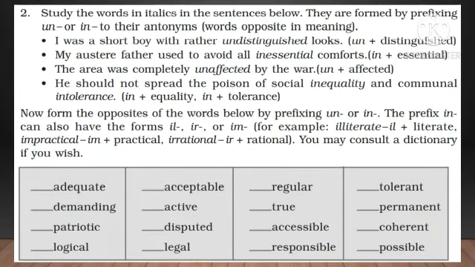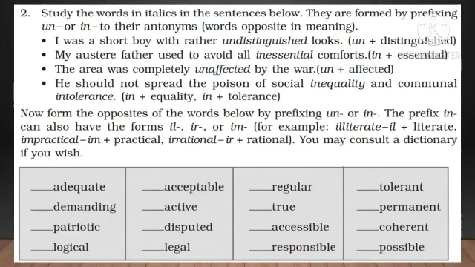Then, my austere father used to avoid all inessential comforts. We have the italicized word inessential. As we know, we have heard the word essential. We just add the prefix in to the word essential, so we get the opposite, inessential.